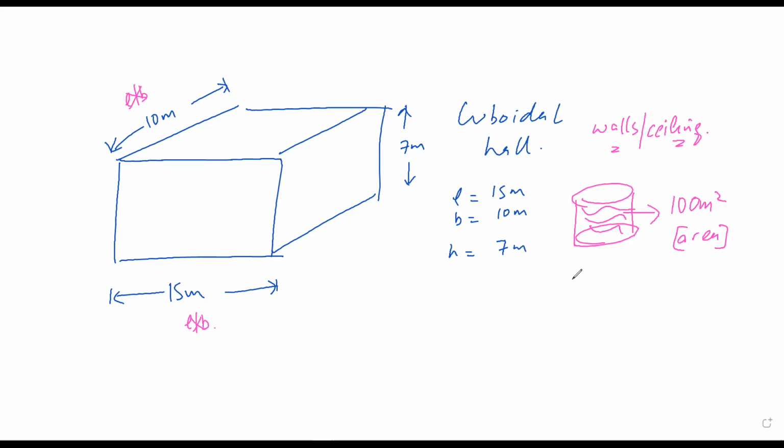Mr. Sarthak, are we clear till here? Yes. So basically what we require is, we have two walls like these. One is in front, one is at back. So area of this wall is 15 meter into 7 meter. Sarthak, am I correct? Yes, sir.